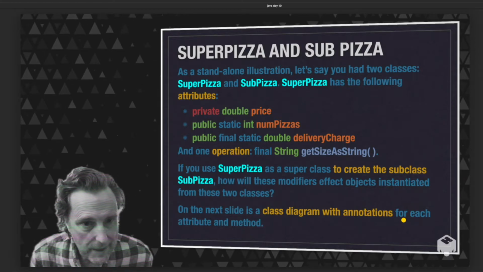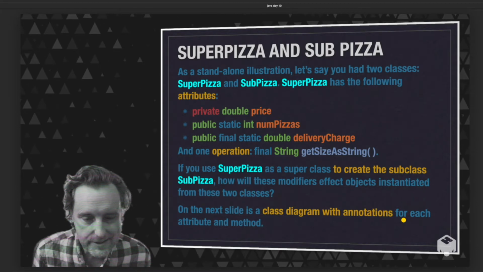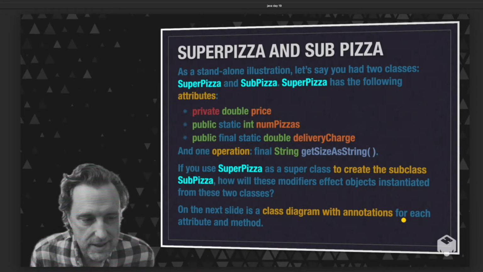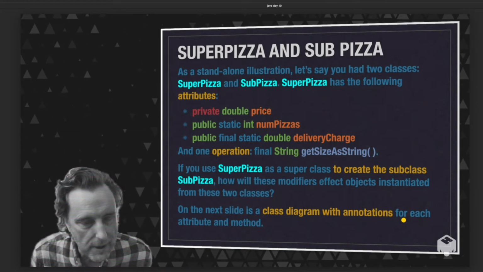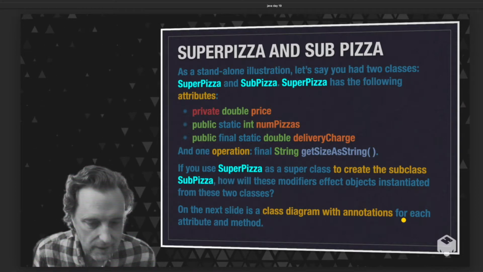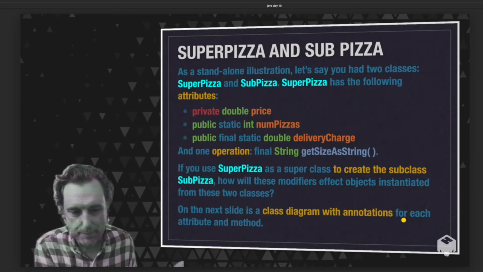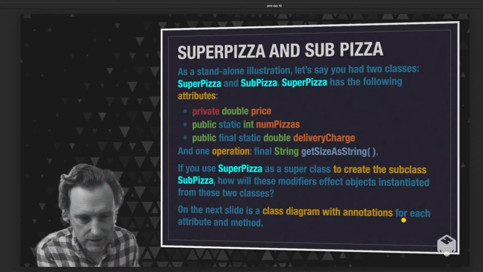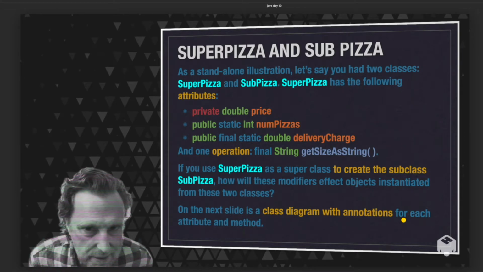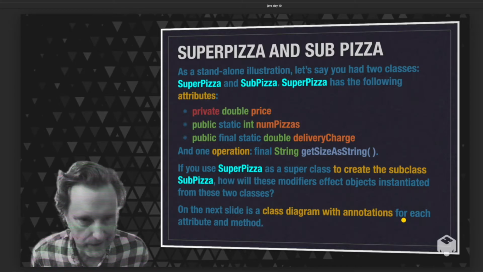So I stopped doing that, and I'm going to show you some of the highlights so that you can, if you want to, double back to this example and see how choices with respect to private and static and final work, all in one cohesive example, instead of an example of static here, but an example of final somewhere else. So the SuperPizza and the SubPizza example has everything integrated together.